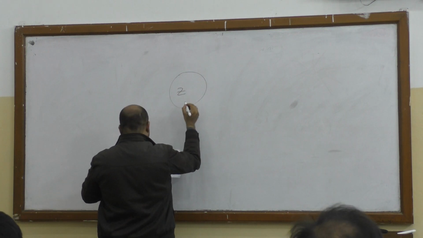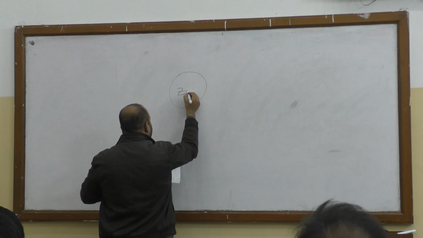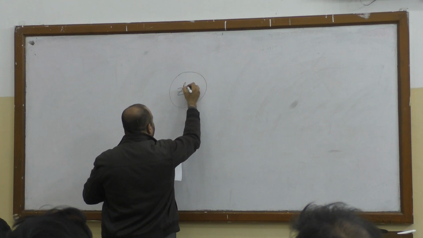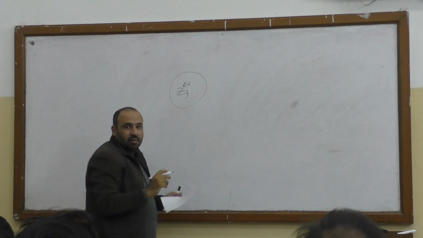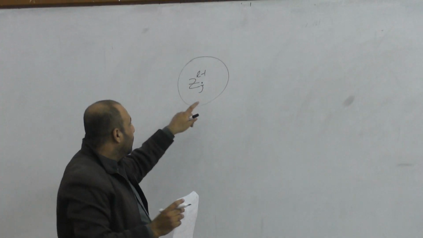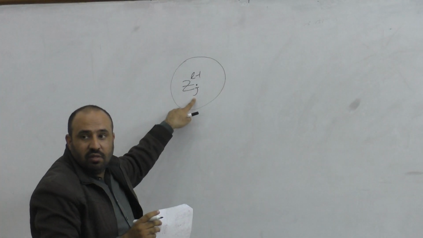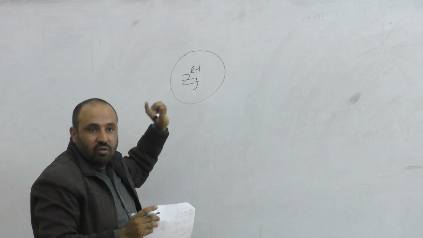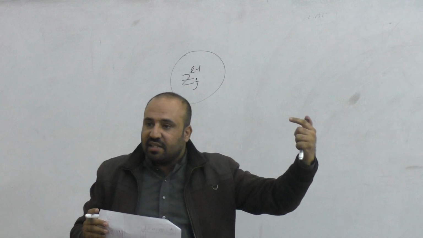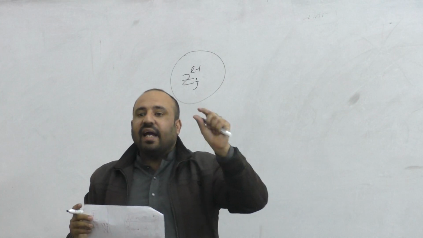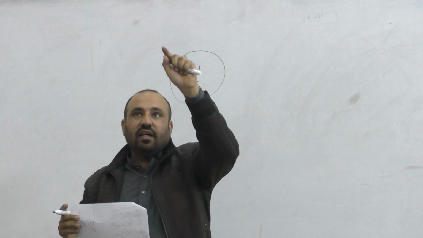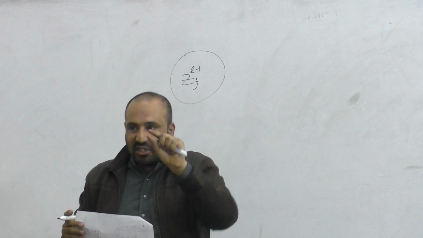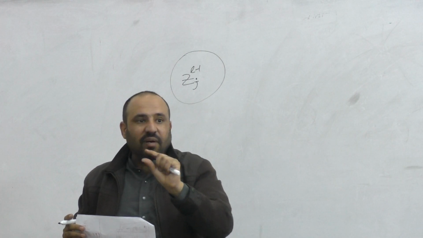This is Z, J, L minus 1. What this means is this is the jth neuron of L minus first layer. Okay, so there are, let's say, total 10 layers. So at L minus 1 layer, there are neuron 1, 2, 3, 4. This is the jth neuron of L minus 1 layer.